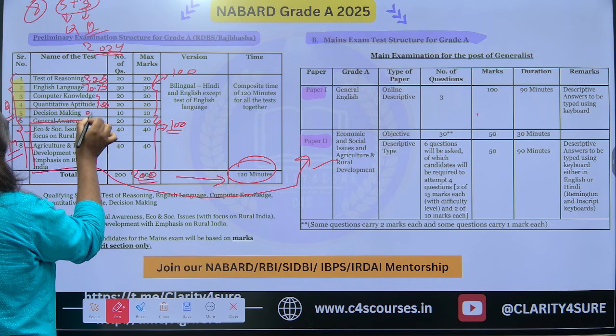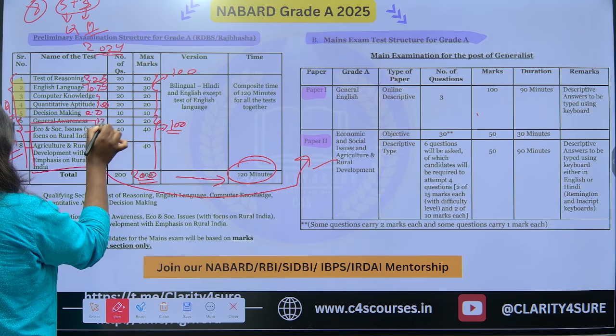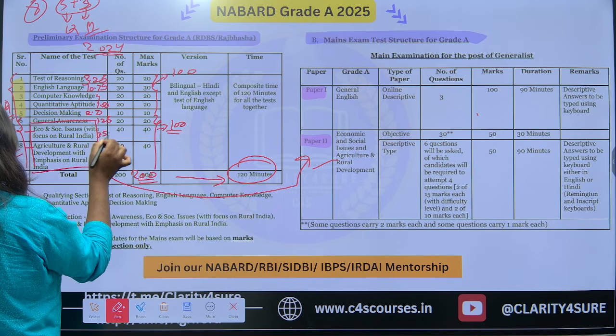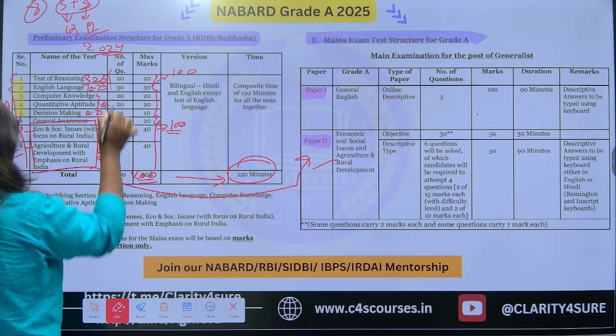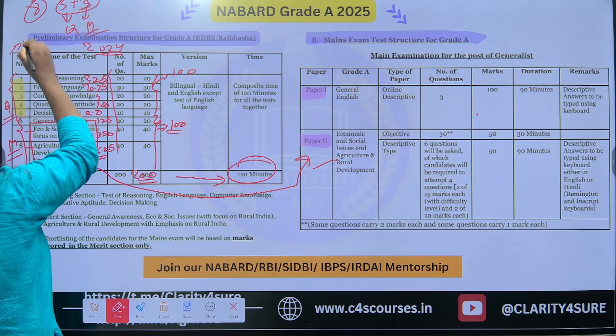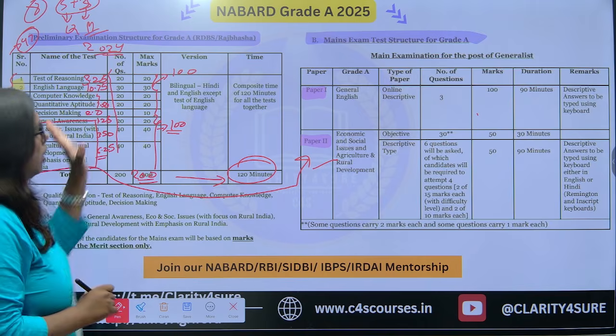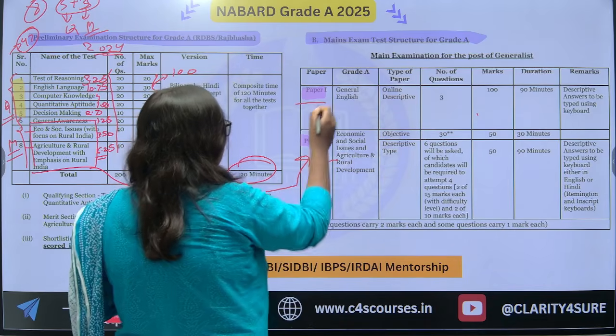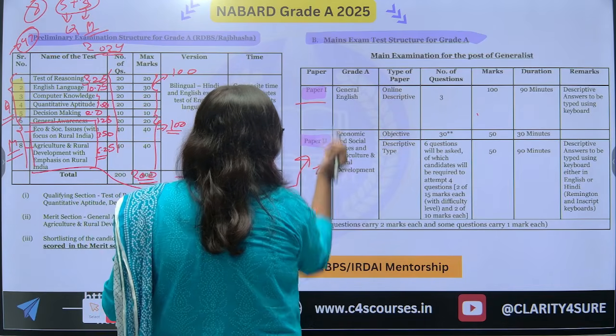Decision making 2.0. General awareness 1.25. ESI went to 3.50 and in ARD it went to 6.25. So this was the subject wise cutoff of last year, and the overall cutoff for the preliminary examination of last year was 47.